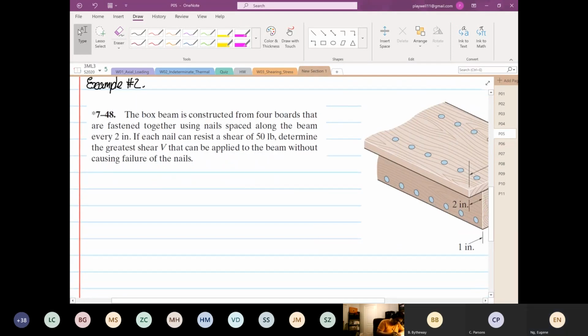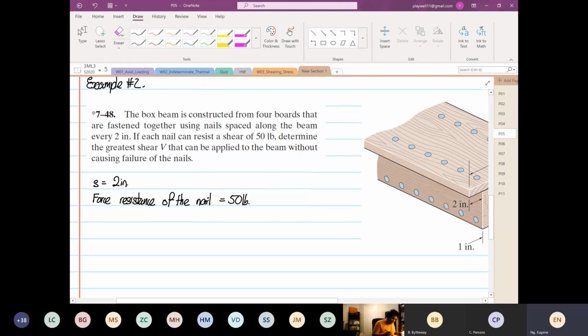And the force resistance of the nail is 50 pounds. Determine the greatest V that could be applied to the beam without causing failure of the nail.